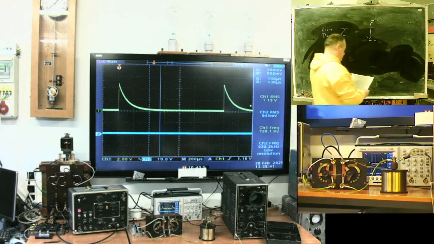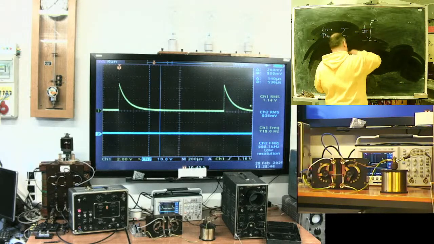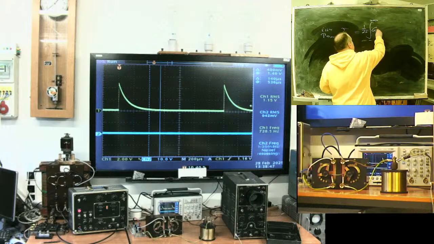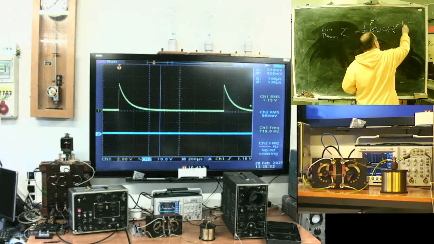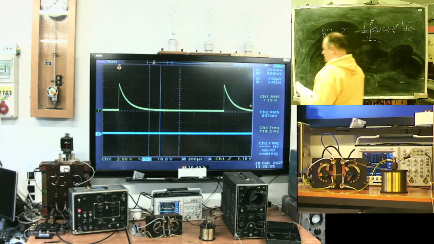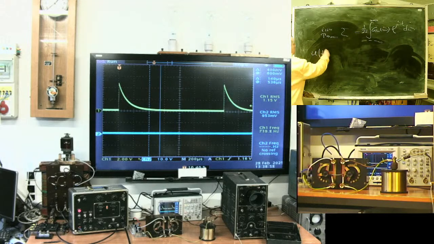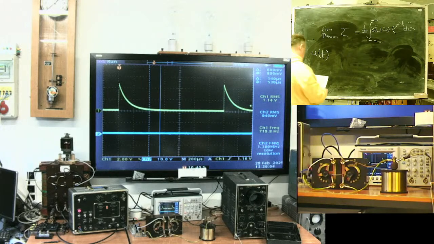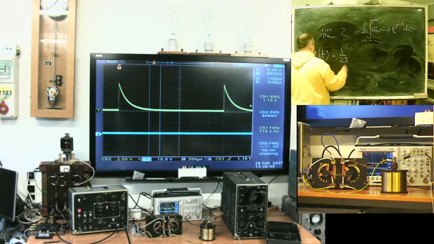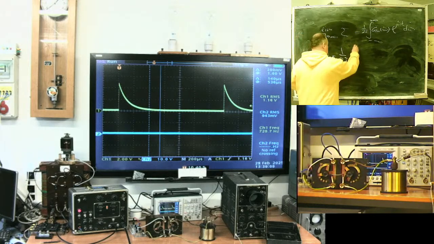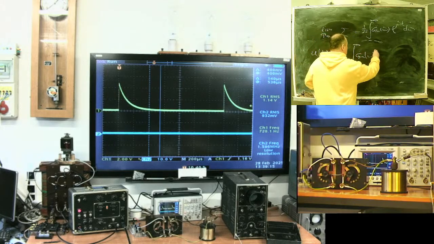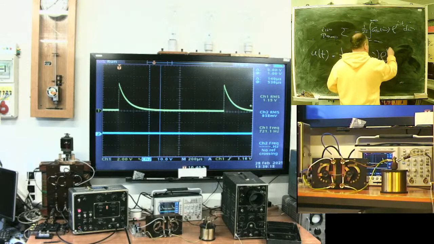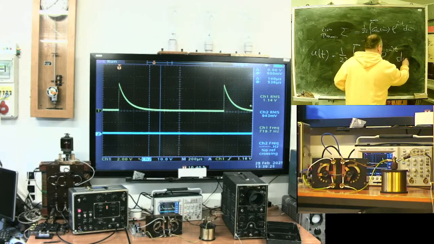I will get something like 1 divided by 2 pi, integrate from minus infinity to infinity of F of omega, e to the power j omega t, d omega.